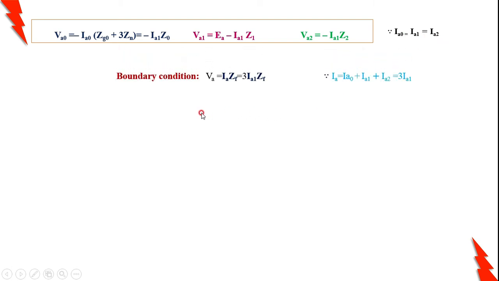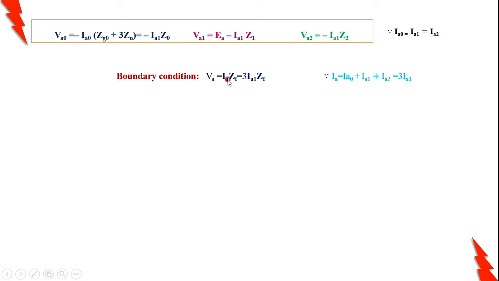Then, once again you can recall the boundary condition is that VA is equal to IA into ZF. IA can be replaced by IA0, IA1, IA2, because IA0 and IA2 are also IA1. Therefore it is IA1 plus IA1 plus IA1, that is equal to 3 times IA1.